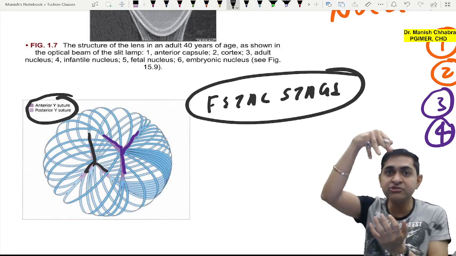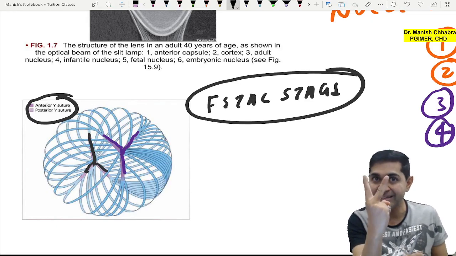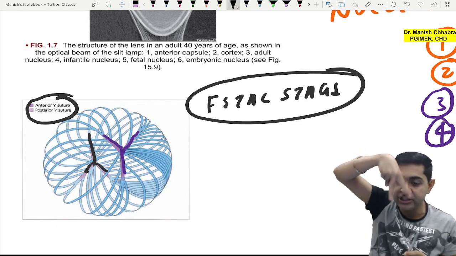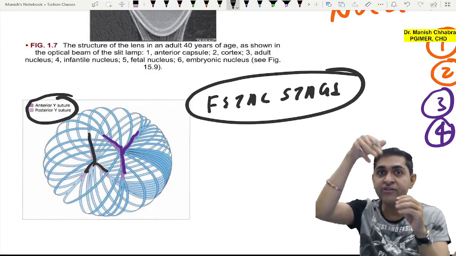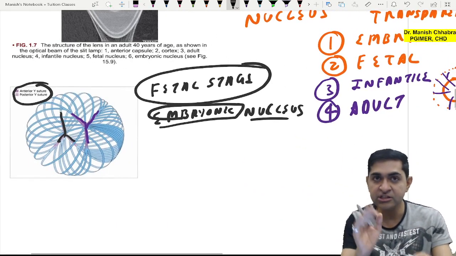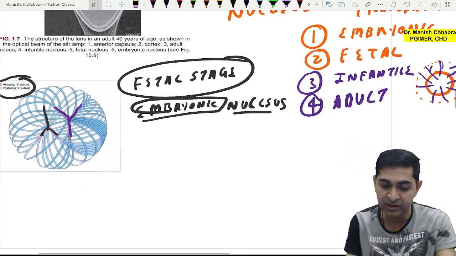The sutures merge such that they form an erect Y anteriorly and an inverted Y posteriorly. This is the formation of sutures during development of the lens.